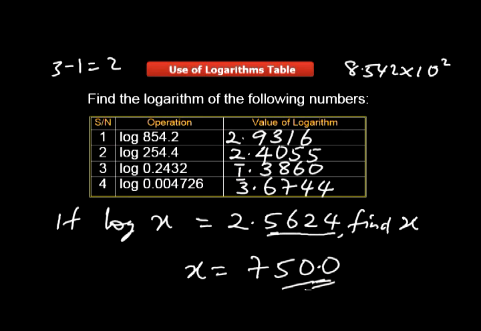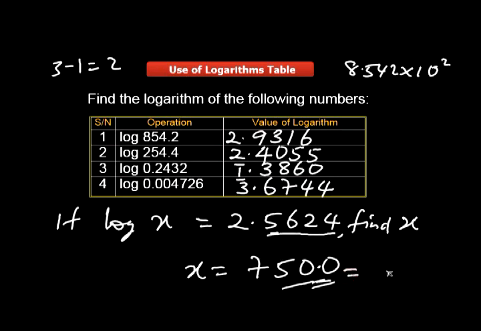It's not difficult. Anytime you are checking the logarithm, you count the number of digits, 1, 2, 3, minus 1 will give you the characteristic. But if you are checking the antilog, you come to the characteristic aspect here. Whatever value is here, you add 1 to it. That's why we got 3, and we started counting 3 places, 1, 2, 3 places of decimal.